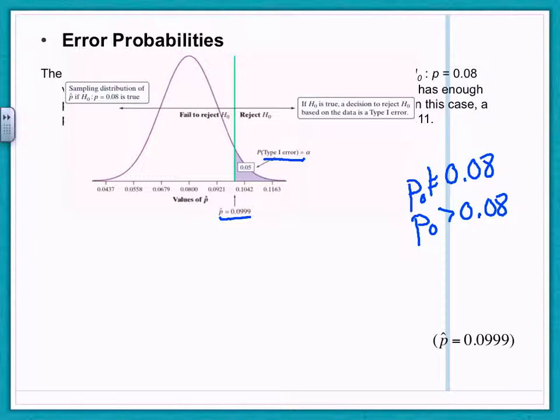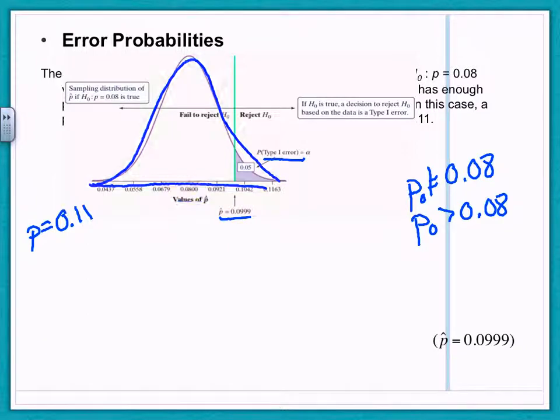So just for argument's sake, it's kind of a made-up problem. Let's say that for some reason I was able to figure out that 11% of the potatoes had blemishes, okay? So now I know that my actual proportion, my parameter, is 11%. Well, what that's going to do is significantly change this distribution here, okay?